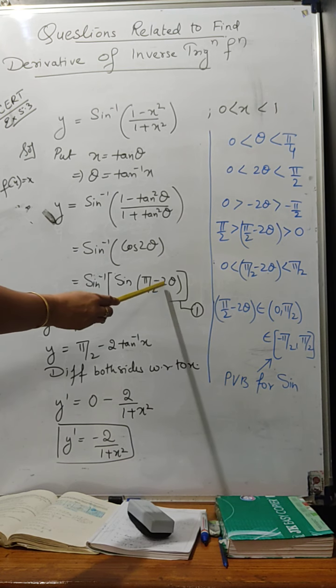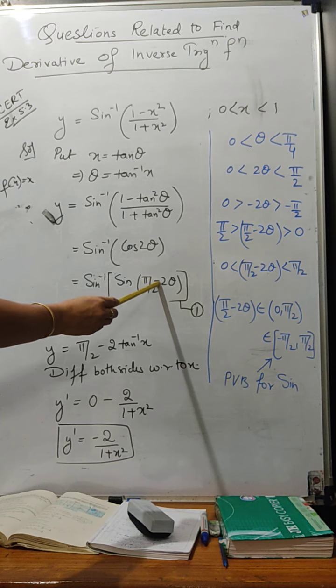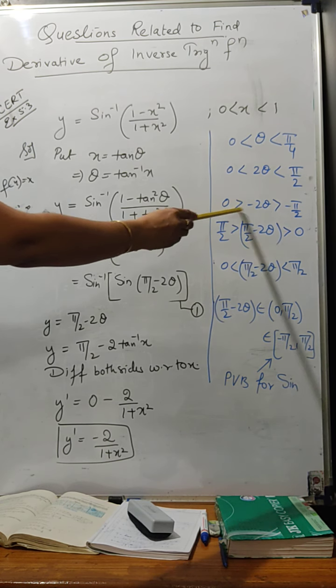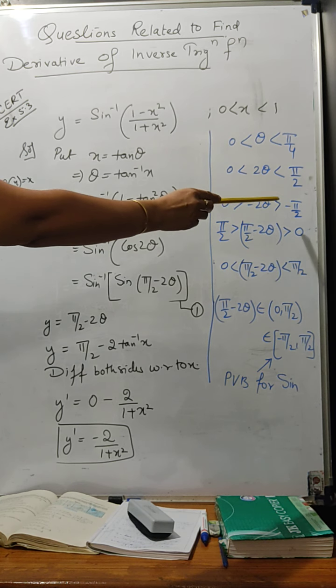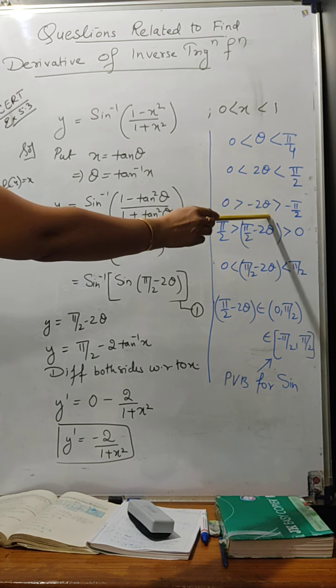Now what I have done here, in front of 2 theta we are having a negative sign, so the negative sign is multiplied. When a negative sign is multiplied to an inequality, the inequality sign is reversed.